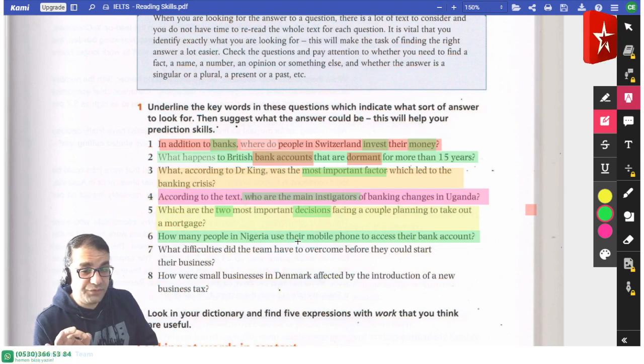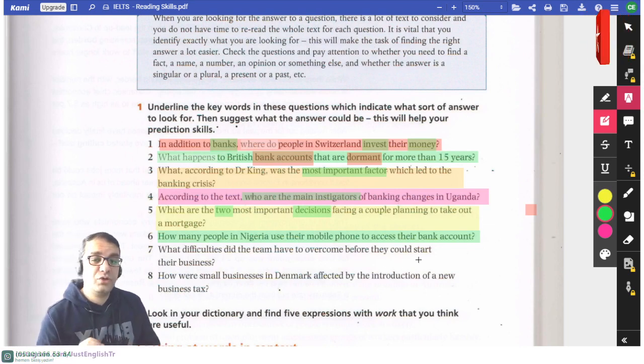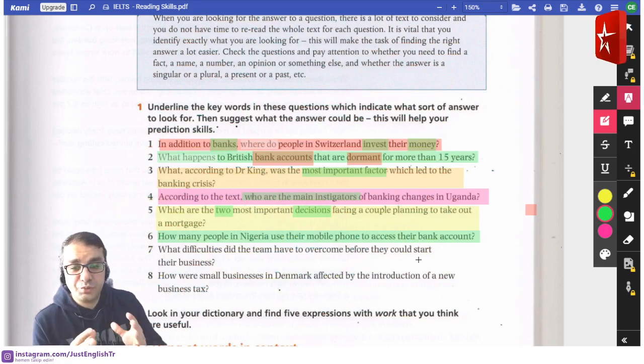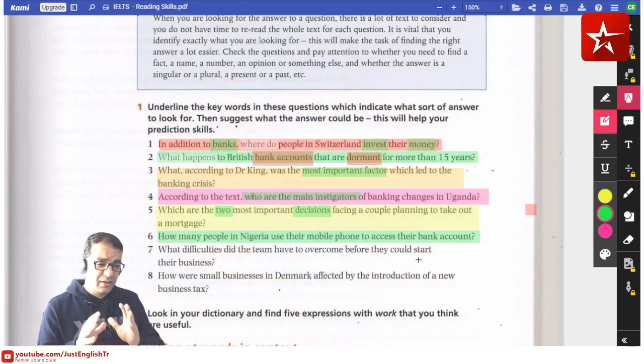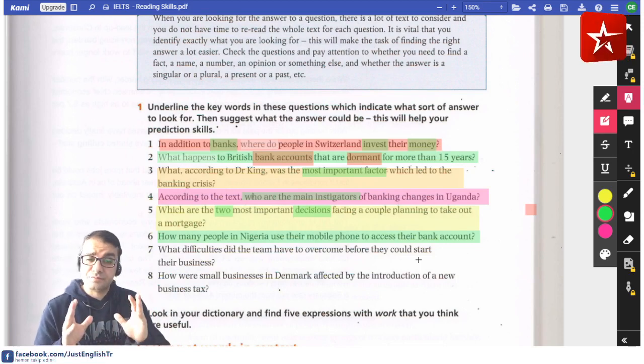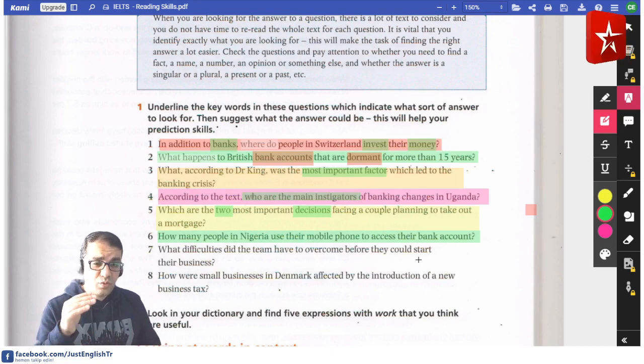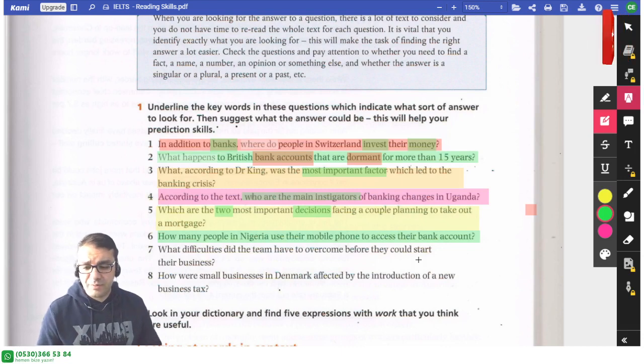So there are a specific number of people to access their bank account, not all of them. So here is how it works. You need to find the keyword exactly where you're looking at in the paragraph, okay? Because this is one of the very important factors in the IELTS reading exam, to know where you are looking. Okay, my dear friends.